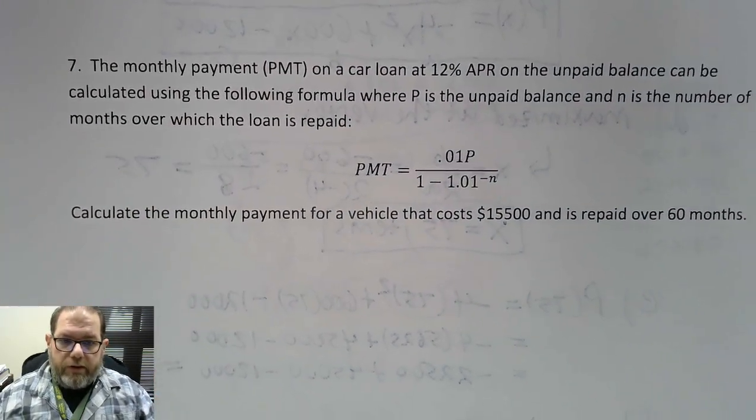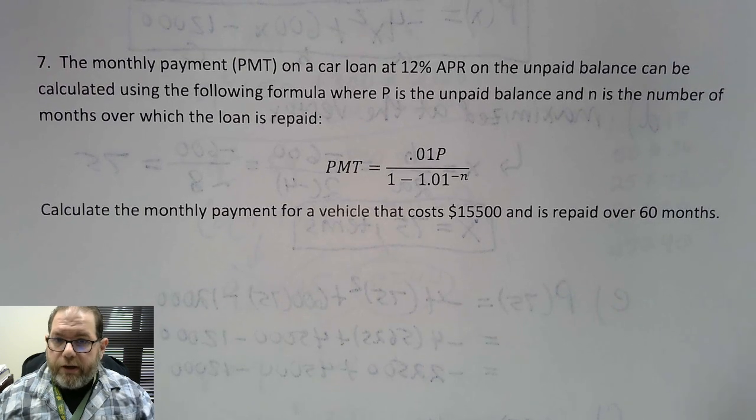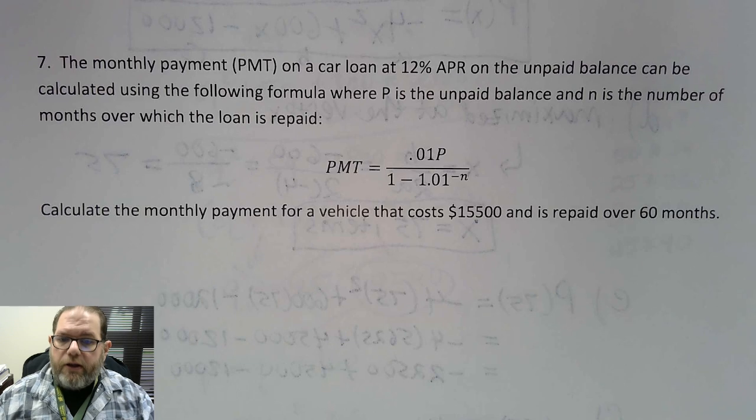Now in 7, we have a formula for a monthly payment on a car loan that is purchased at 12% annual percentage rate on an unpaid balance. We have a formula where P is the unpaid balance and N is the number of months over which the loan is repaid.